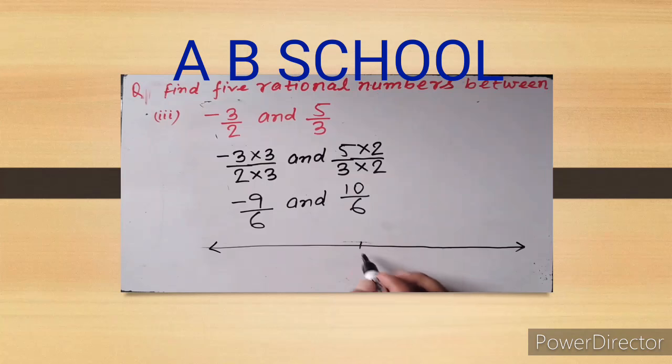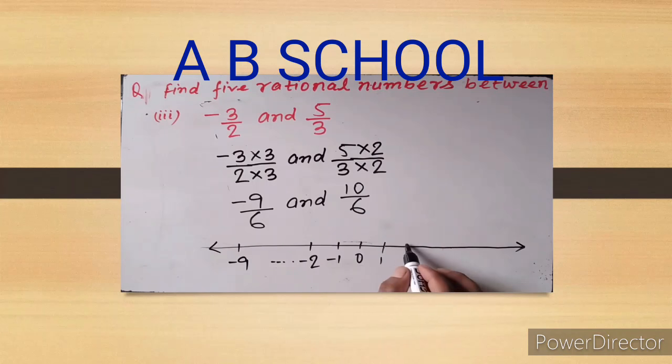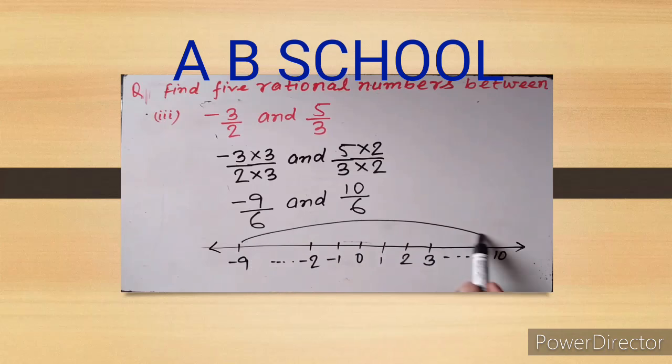You will take 0 over here, and minus 1, minus 2, and so on till minus 9. On this side also you can take 1, 2, 3, and so on till 10. You can see there are lots of numbers between minus 9 and 10.